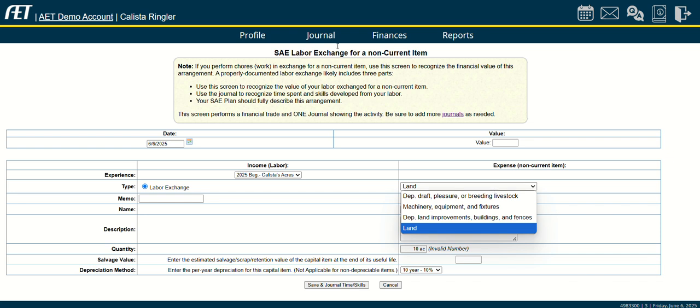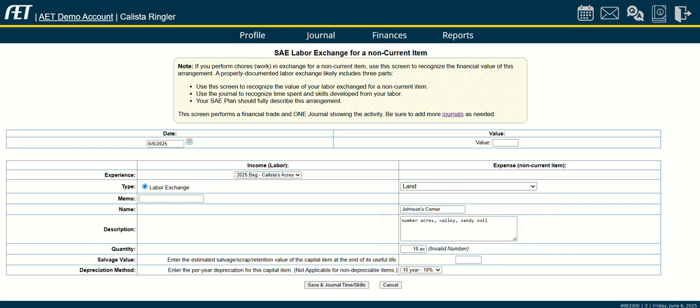If your land is not something you're going to sell, or isn't something that's going to be lost over time, put the lowest percentage you can, so your 20 years, and then have your salvage value be equal to or slightly more than the value. Especially in the area where I am, land value just keeps going up, and I'm sure it's doing that where you are too, because it's not getting cheaper anywhere. So you're putting whatever your value is and making that the same as your salvage value, because again, we're not planning for a depreciation of the land.